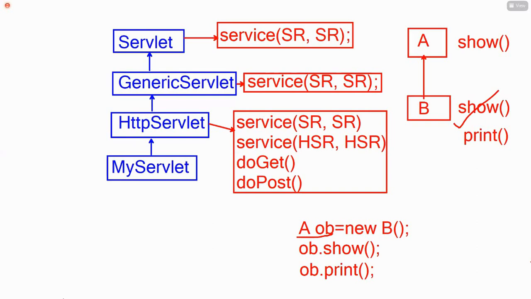What answer did you give for the first one? ob.show, which is called? The B class is called. Now give me the answer for ob.print. Is it called or not called?